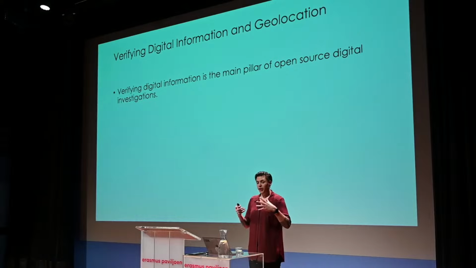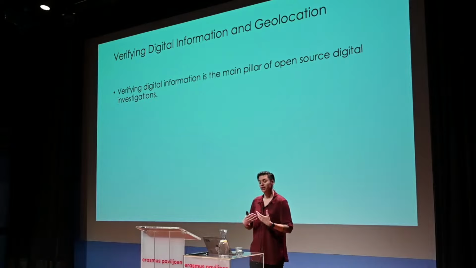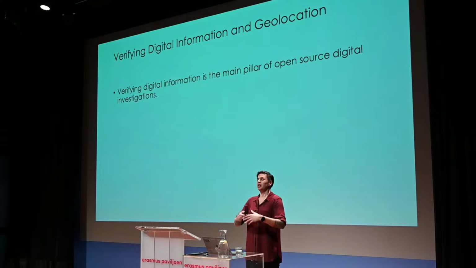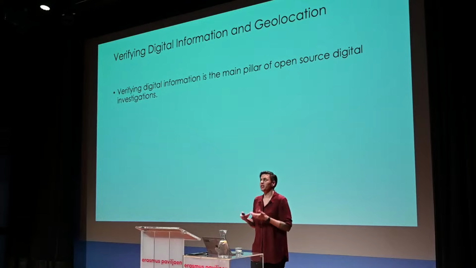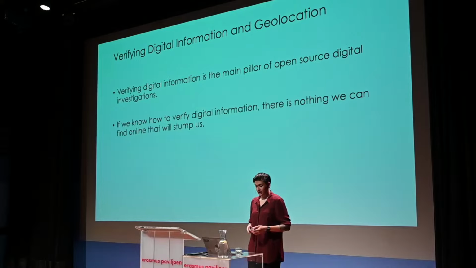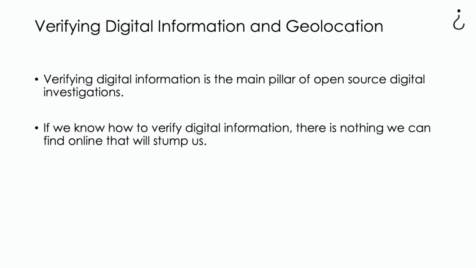Verifying digital information, especially now with a lot of disinformation out there in the world, is the main pillar of an open source investigation. You start with something and you need to verify if the information that you received is correct. If you know how to verify digital information, there's basically nothing that we find online that's going to surprise us.